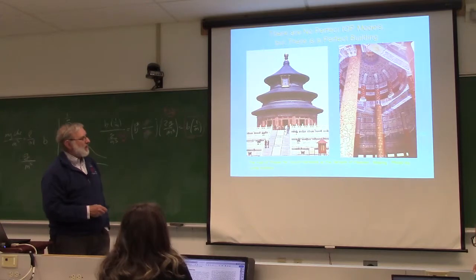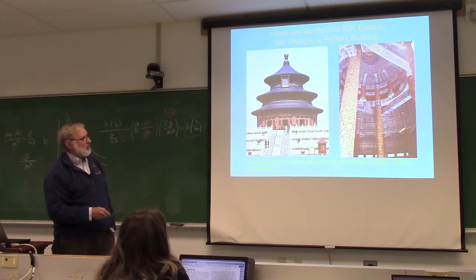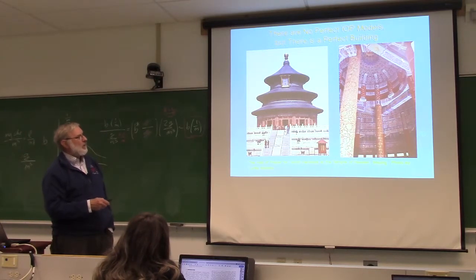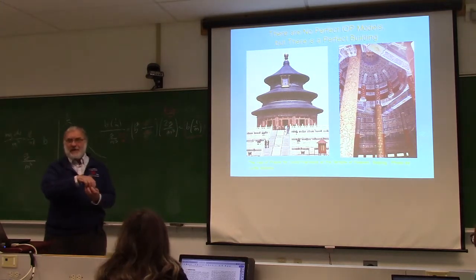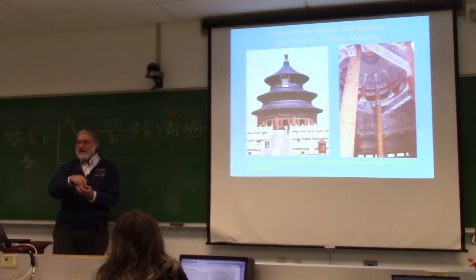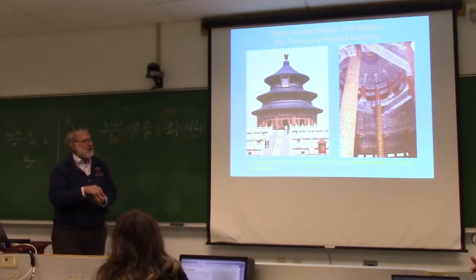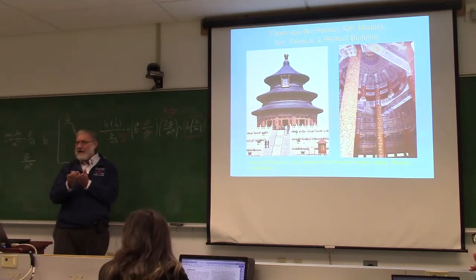If you stand inside and look upward, you see this incredibly beautiful ornate decoration. You notice there are square beams, and on top of that the roof is round beams resting on the square beams. In Chinese cosmology, earth is square and heaven is round.